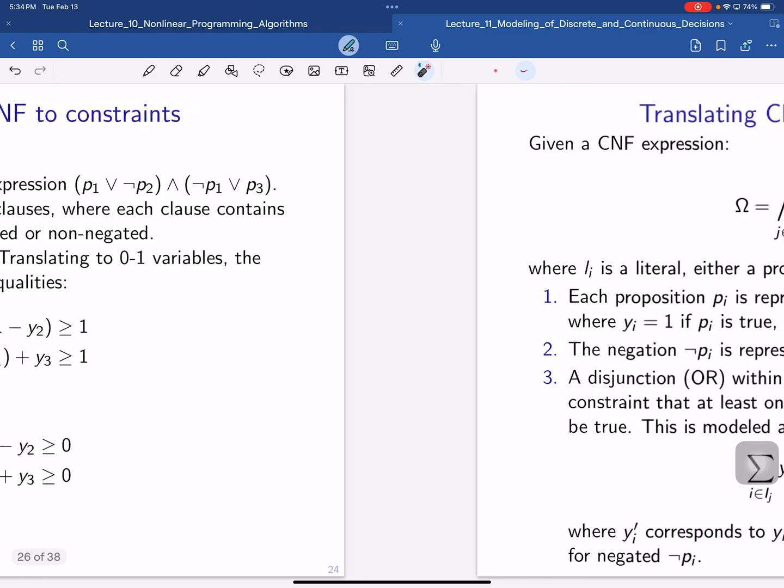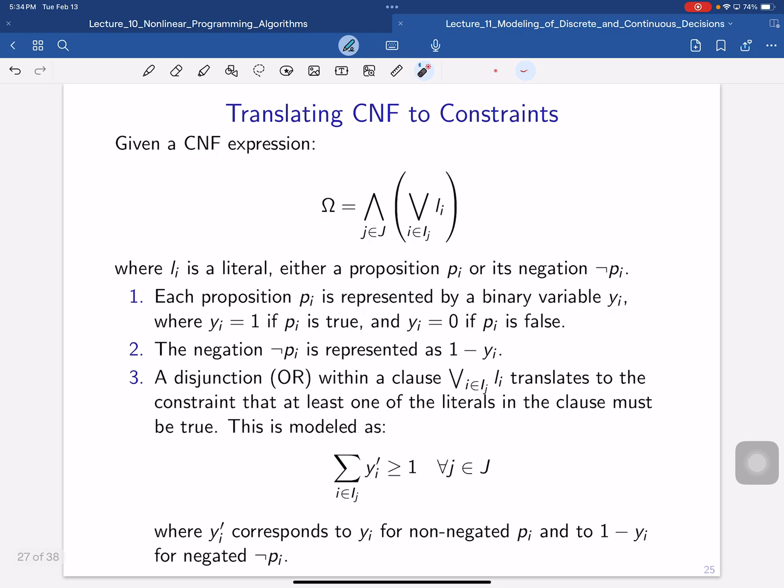Okay, so in general, how do you translate a CNF into constraints? Recall that the CNF is this form: you have AND outside and OR within the parenthesis. Each of these OR operators in the parenthesis has to hold, and you can model each OR operator as the summation over yi prime being greater than or equal to 1. Here yi prime is equal to yi if you don't have a not operator in front of it.